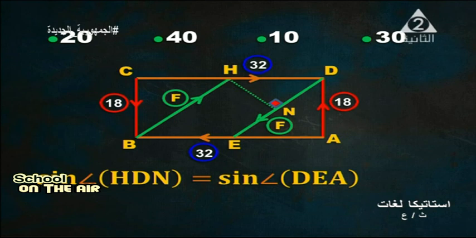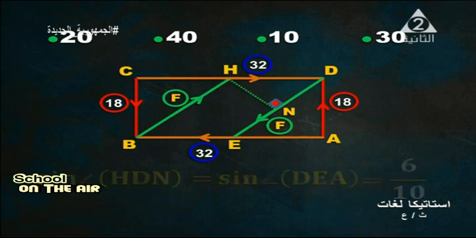Sine of angle DEA equals AD over DE, opposite over hypotenuse, 6 over 10. Why does DE equal 10? Because DA equals 6 and AE equals 8, this is 3, 4, 5, so 6, 8, 10. Therefore ED equals 10 centimeters.